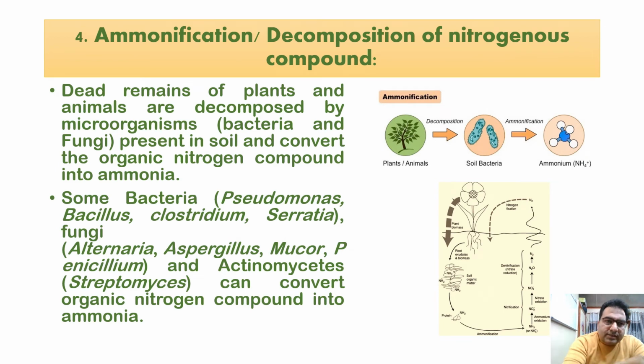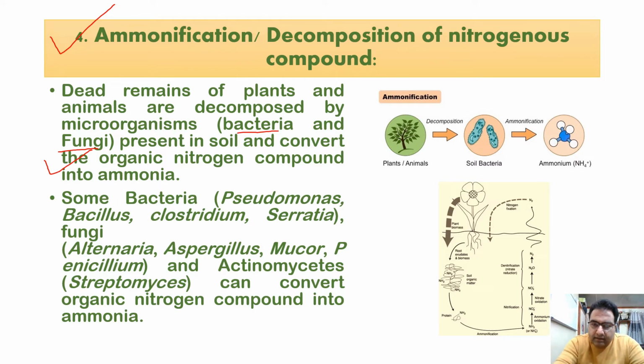Now, the fourth step is ammonification. We also call it the decomposition of nitrogenous compounds. When dead remains of plants and animals are decomposed by microorganisms such as bacteria and fungi present in the soil, and they convert organic nitrogen compounds into ammonia, we call such a process ammonification.